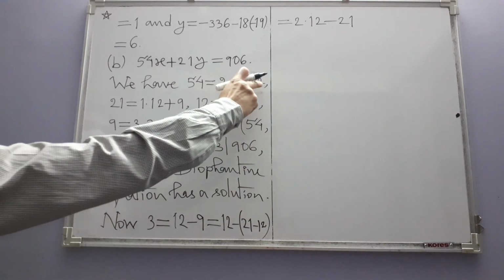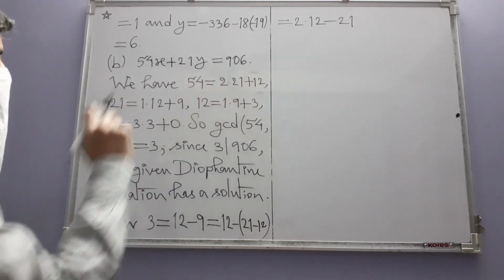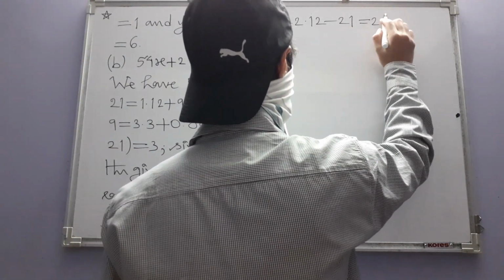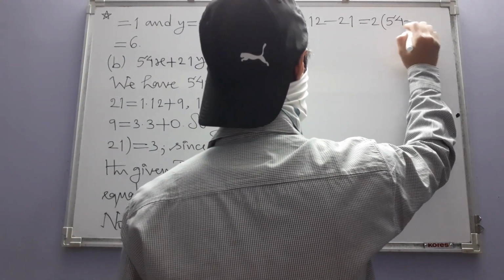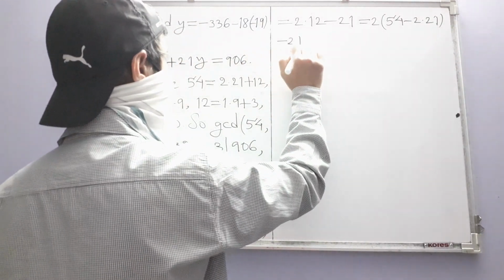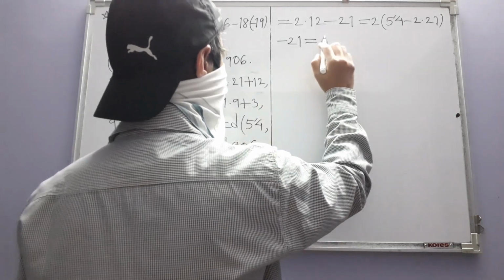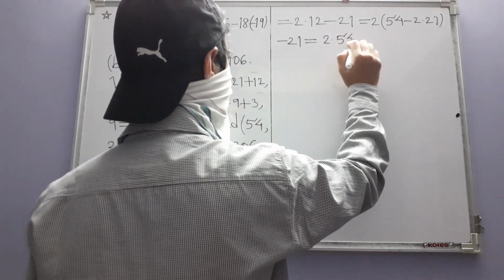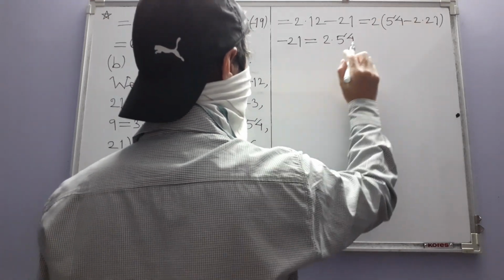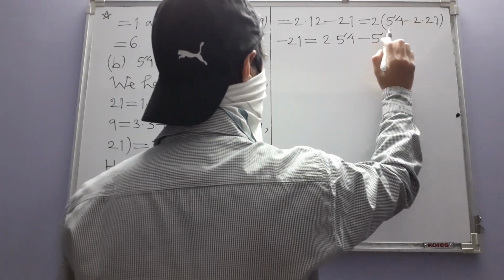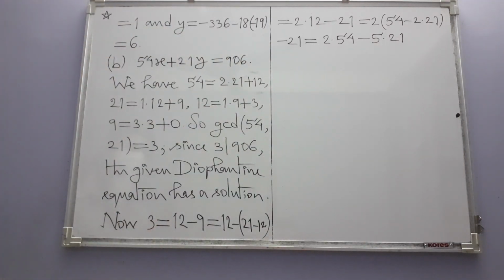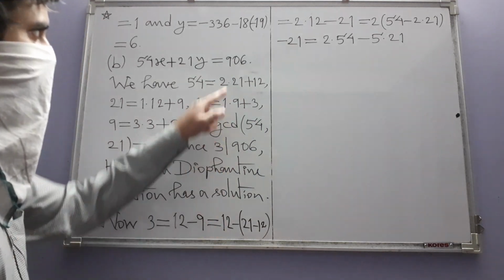Next we replace 12 with 54 minus 2 times 21. Minus 21. So this is 2 times 54 and minus 4 minus 1, that means minus 5 times 21. Okay, so 3 is equal to this, but we do not need 3, we need this.